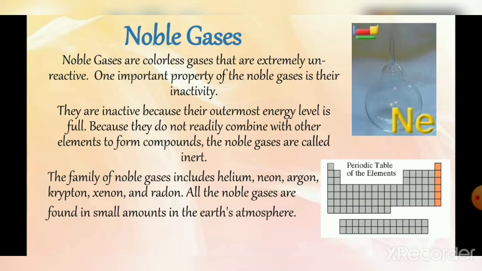The family of noble gases includes helium, neon, argon, krypton, xenon and radon. All the noble gases are found in small amounts in the Earth's atmosphere. The highlighted part of the periodic table is shown here, and due to the inert nature of these gases, they have some important uses in our day-to-day life.